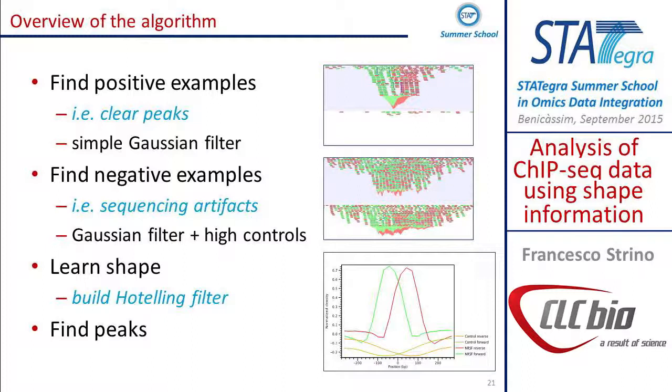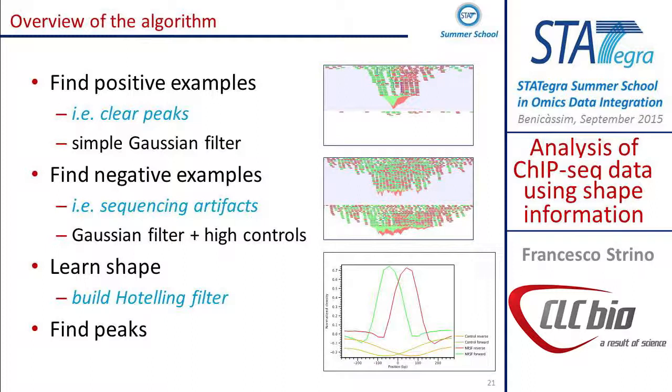And now, once we have that, so we have a bunch of things that look like this, a bunch of things that look like this, then we want to learn a shape, which we call the Hotelling filter. I'll describe it a bit more in detail later. But the main idea, we want to find a shape that can discriminate between these two. And so the shape is like reads mapping before, they should be high in the experiment.